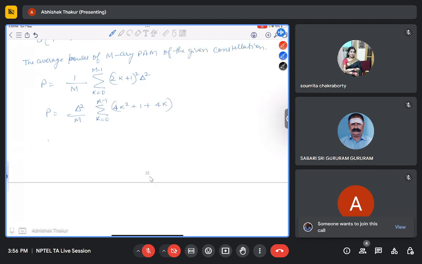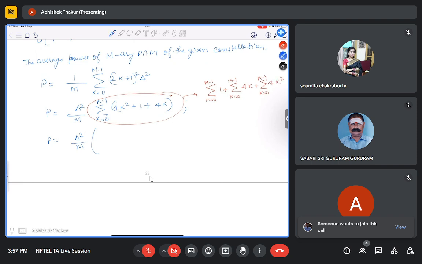Now the summation will be: summation of k is equal to 0 to M minus 1 of 1, plus summation of 4k, plus summation of 4k square.